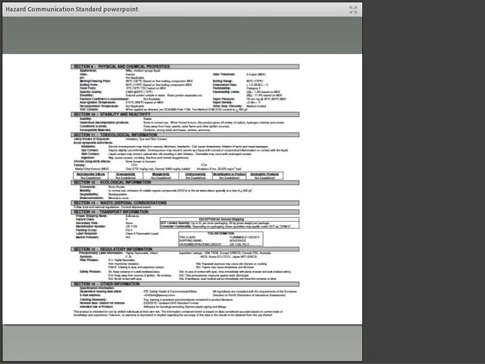The second page gives sections 9 through 16 and includes that more technical and scientific information, although you do see that there is information about disposal and ecological considerations.